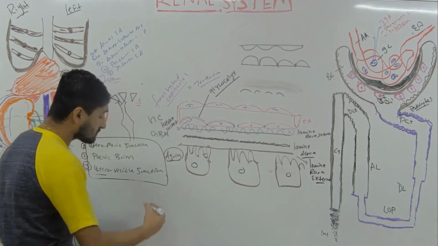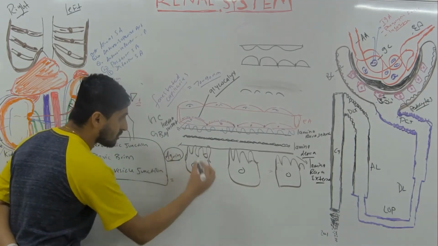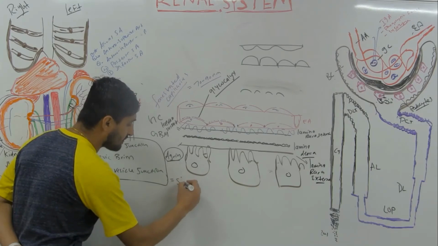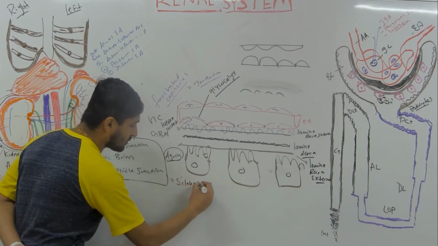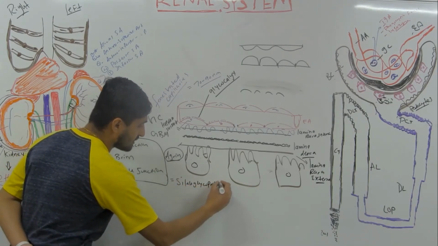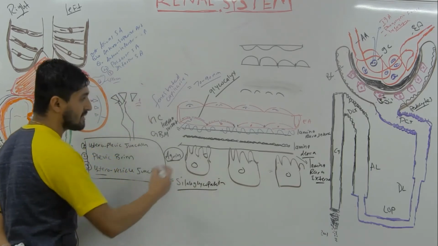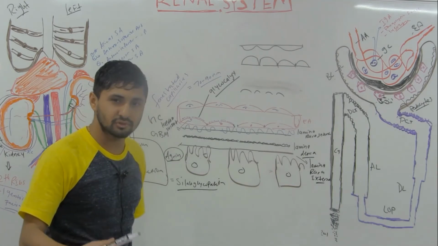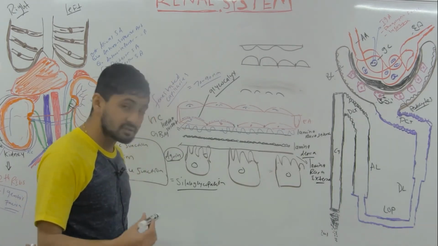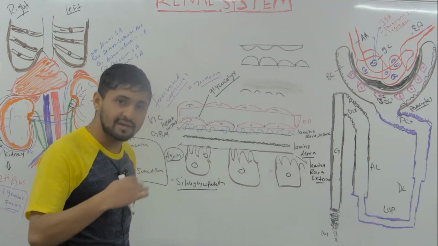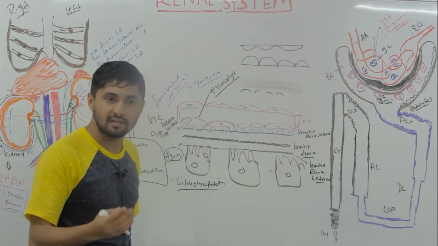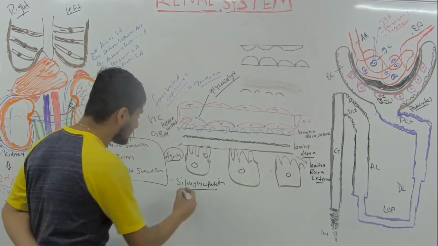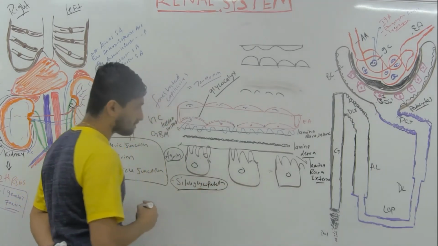Altogether, they are called sialoglycoproteins, mixtures of sugars and proteins, which help repel negatively charged particles.